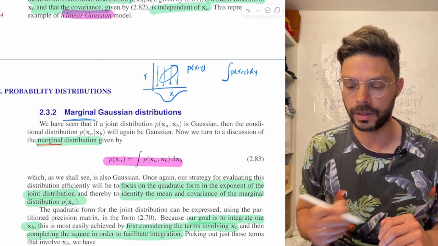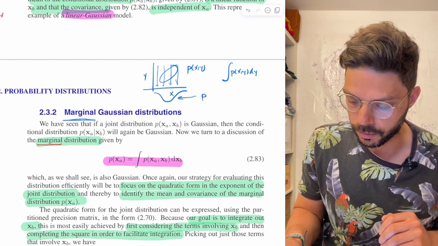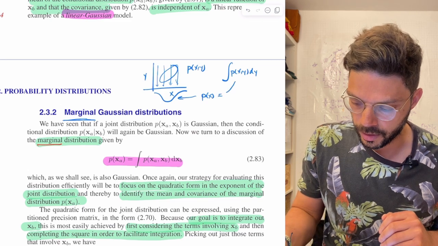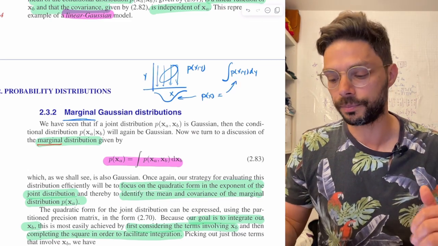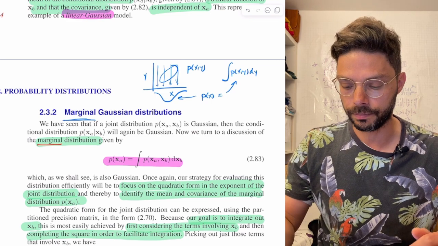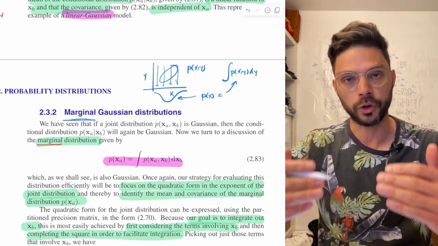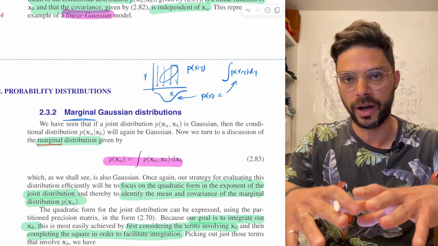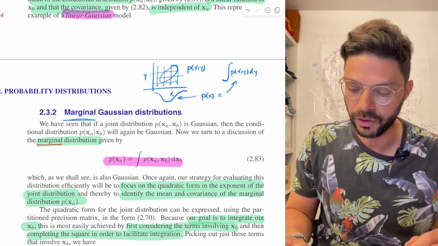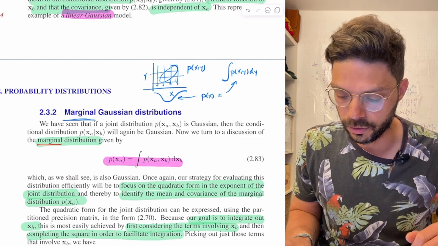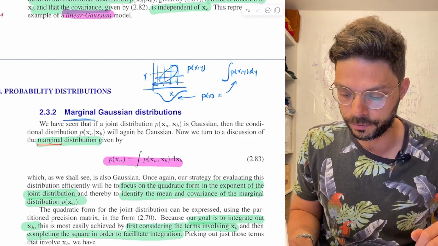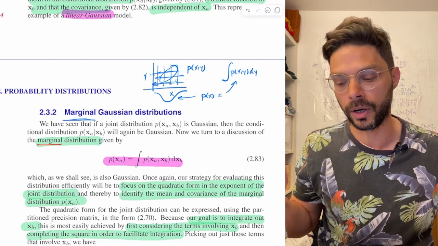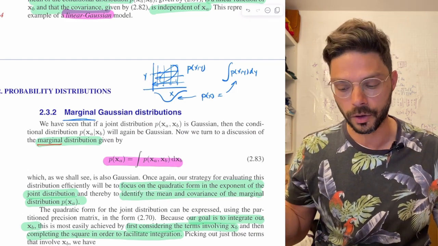So this is going to be equal to p of x, the integral over y, which reduces this joint distribution defined over this grid to something on the margin. And you can do the same thing in this direction as well.